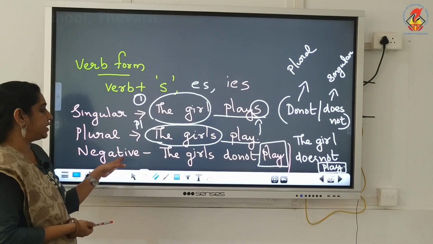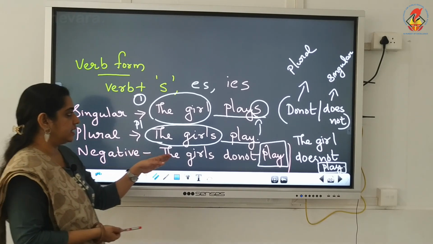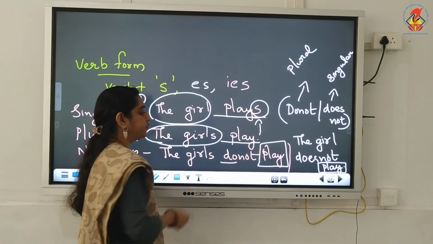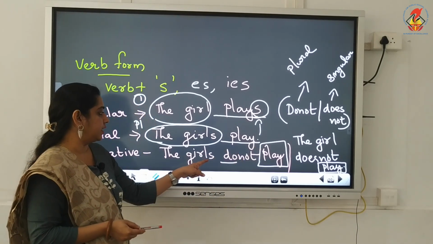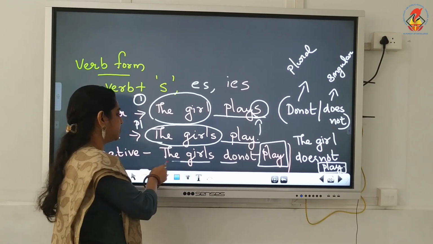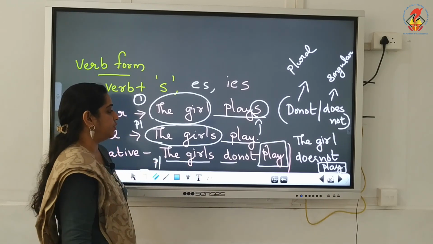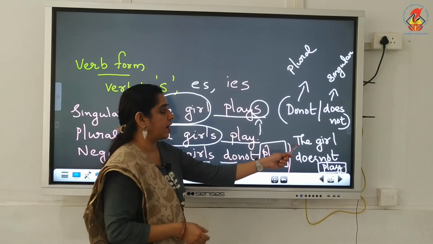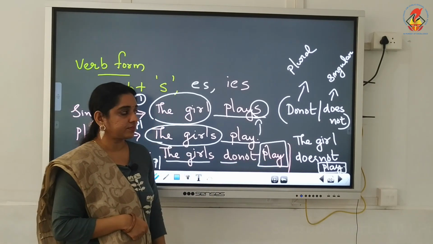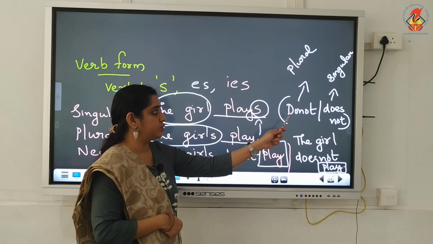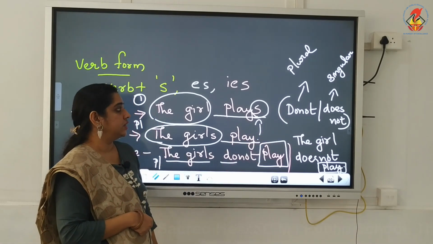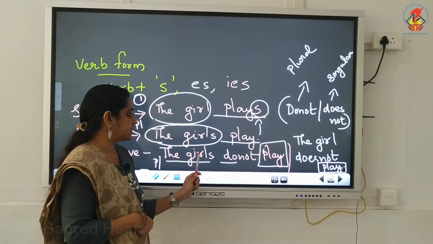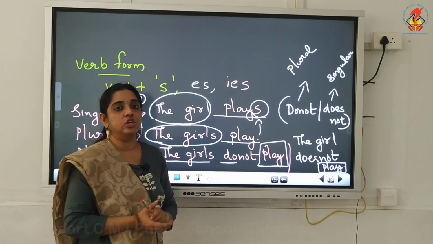Now how can you make it negative? The girls do not play. From where did I get this do? Because the girls is plural. For plural, you have to use do. If this is singular, you have to use does. Rules of do and does: do is used with plurals and does is used with singular.